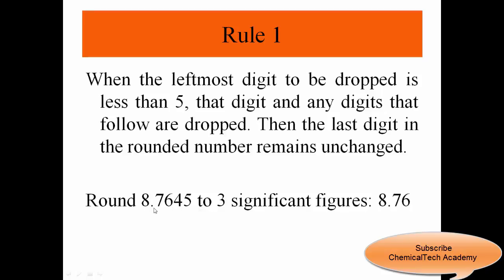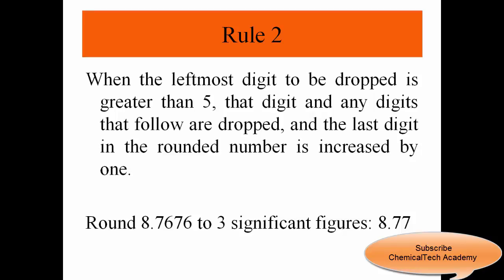So we need to keep the first 3 numbers. As you see, we have 4 here, and 4 is less than 5. So we need to drop these 2 numbers, and these 3 digits remain unchanged. So the rounded number is going to be 8.76.